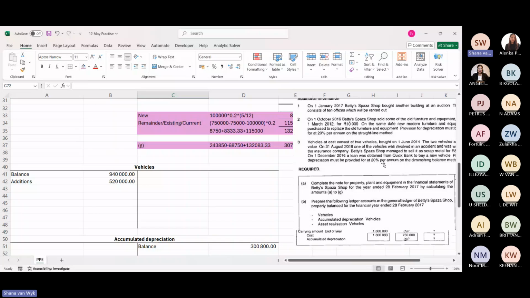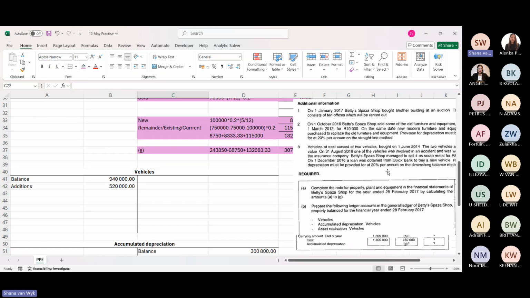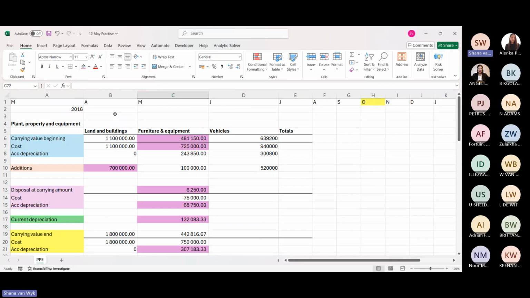Okay, so we're doing asset realization, so we are concerned about the one we sell. Okay, so 31 August, so March. Where's my timeline? Here's March, April, May, June, July, August.